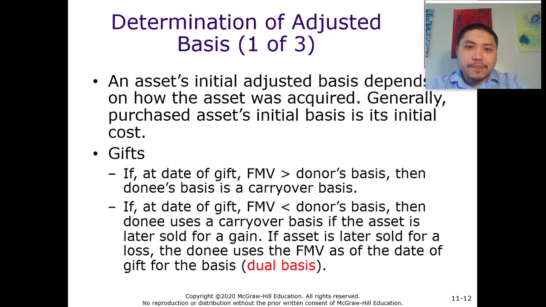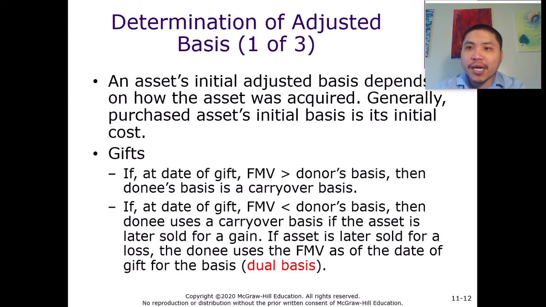Alright, so let's talk about some of the special cases to calculate adjusted basis. As we know, when a business acquires property, there are many ways that they can acquire it.